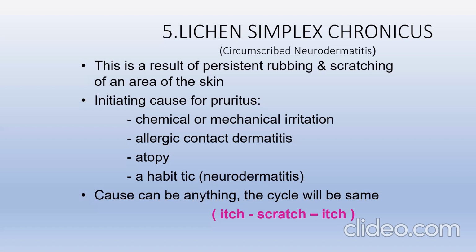Initiating cause of pruritus may be chemical or mechanical irritation, allergic contact dermatitis, atopy, or habit tic, that is neurodermatitis. Cause can be anything, and the cycle will be the same, that is itch, scratch, then itch.